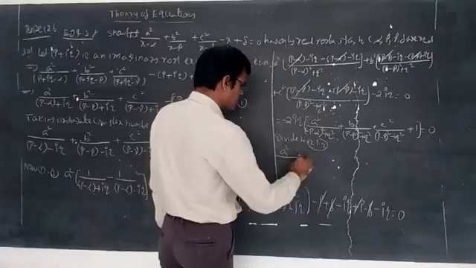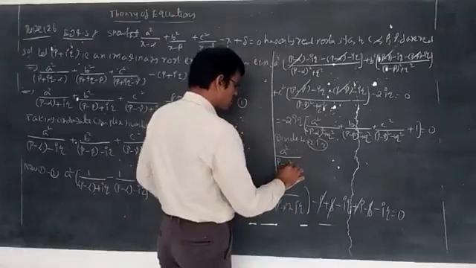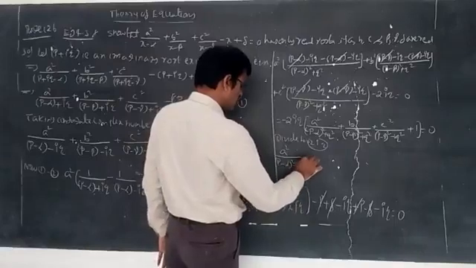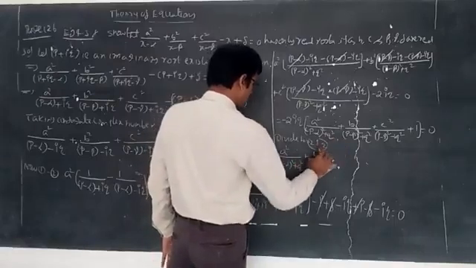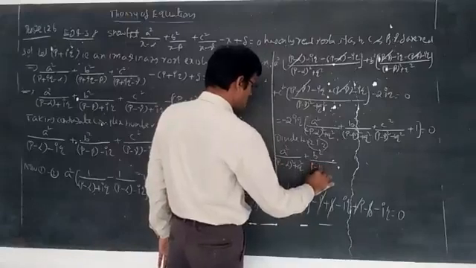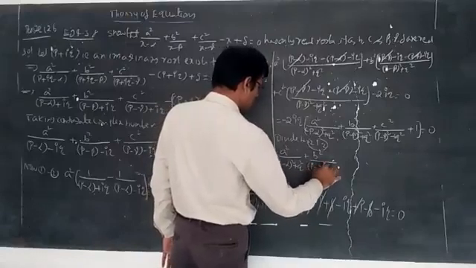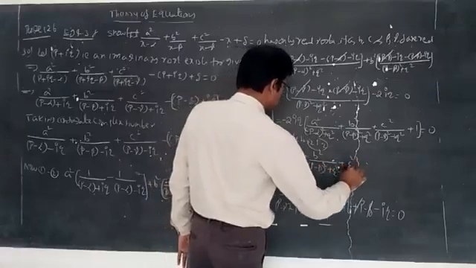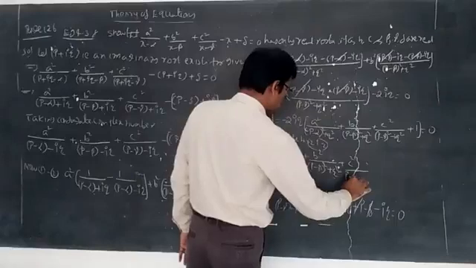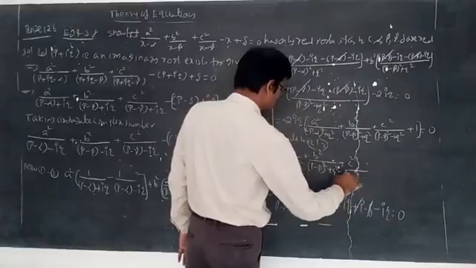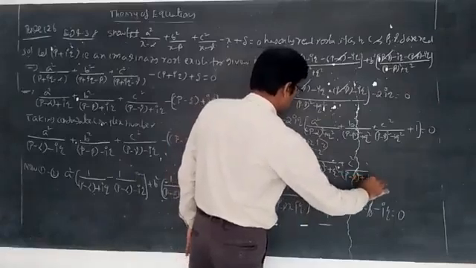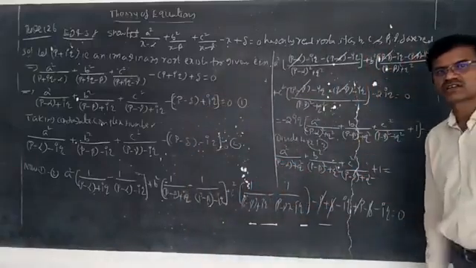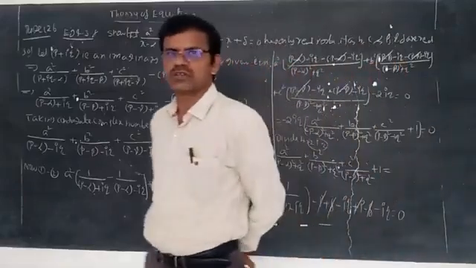You can write a square by p minus alpha whole square plus q square, plus b square by p minus beta whole square plus q square, plus c square by p minus gamma whole square plus q square, plus 1. Here one thing you can understand: we know that every square is positive.